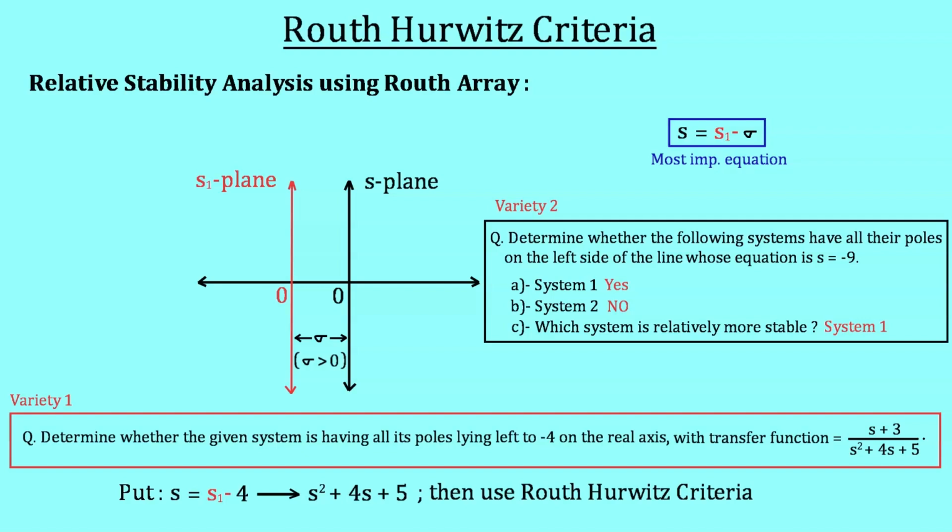But we have already discussed in earlier chapters that the system which is having its most dominant pole most distant from the origin is actually the most stable. So in this case, if the system 1 is having all its poles lying on the left hand side of the line s equal to -9, then definitely it is more stable.